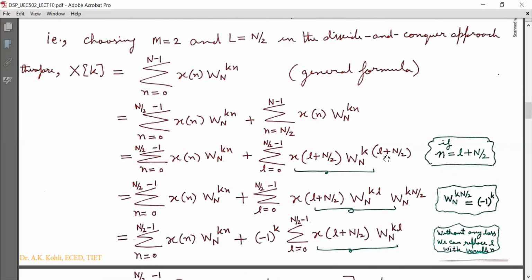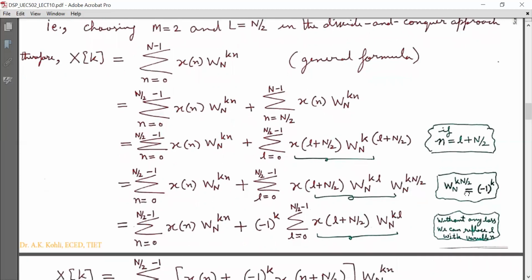So, opening the brackets in the exponent, we will find that there are two twiddle factors, that is W raised to power kL into W raised to power kN by 2. But we see that W raised to power kN by 2 with base N is equal to minus 1 raised to power k. This is very simple to show.